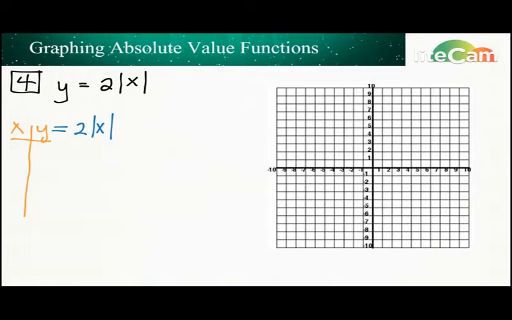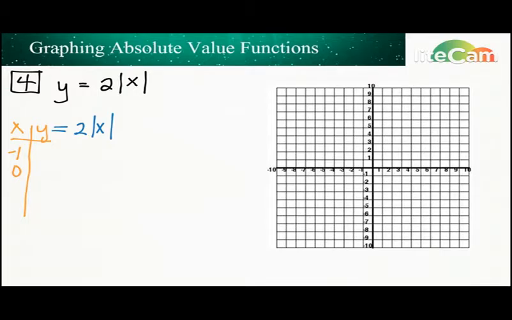So what we're going to be doing is we're going to be looking at a parent function that is changing. So it's either going to be skinnier or it might be wider. Okay, so let's put in the same numbers because we know that this graph is still in the center.